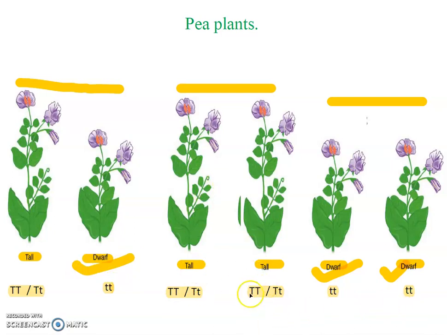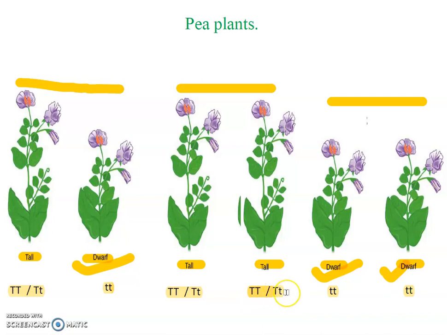But these tall plants may be heterozygous or homozygous. Homozygous means the same, and hetero means different. So these tall plants may be pure homozygous or heterozygous, meaning hybrid.